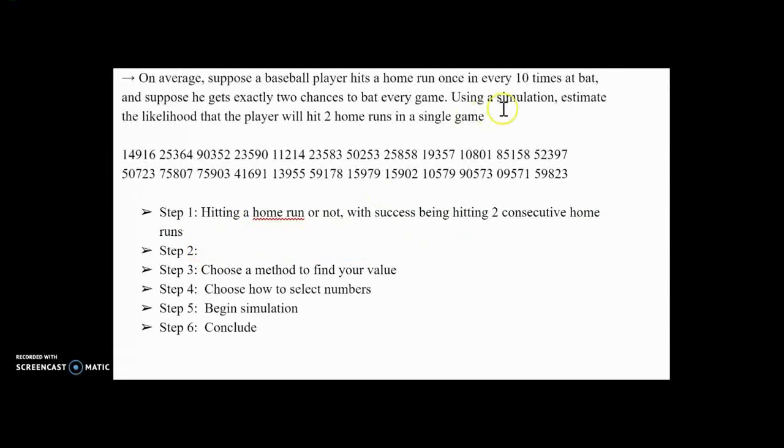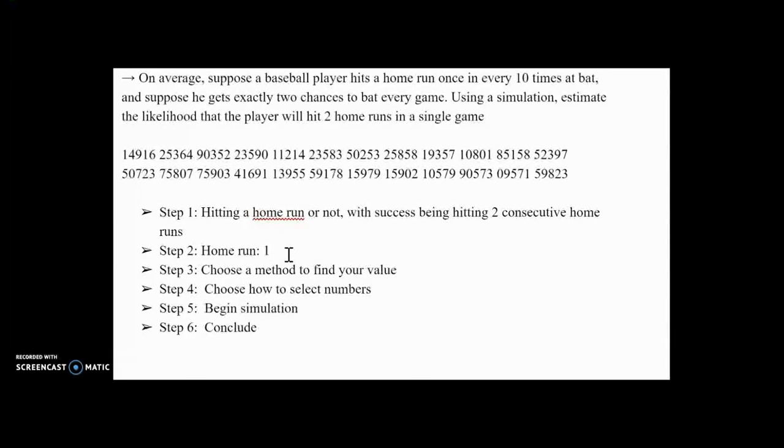Secondly is assigning a value to your outcome. Now, this can come based off the question. The question says he hits a home run once every 10 games. That means he has a 10% chance of hitting a home run. To make it easy, I'm going to pick a very simple value: I'm going to say 1, or the probability or the assumption of hitting a home run is a value of 1.